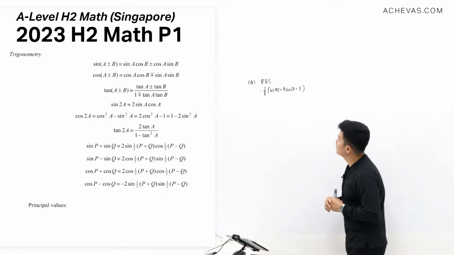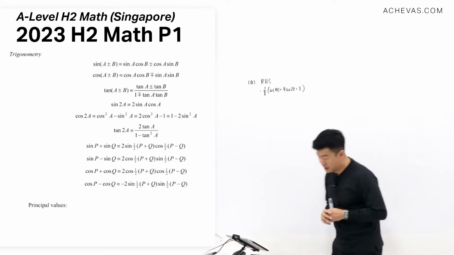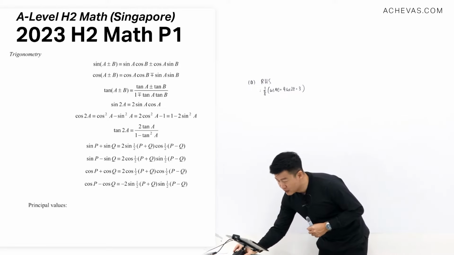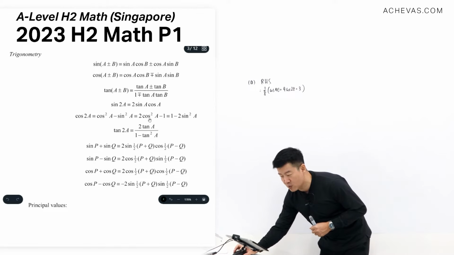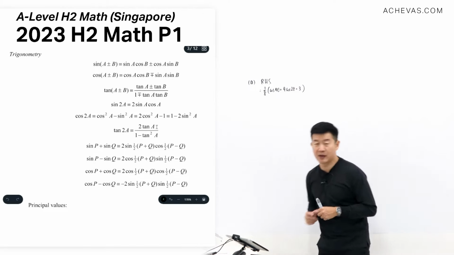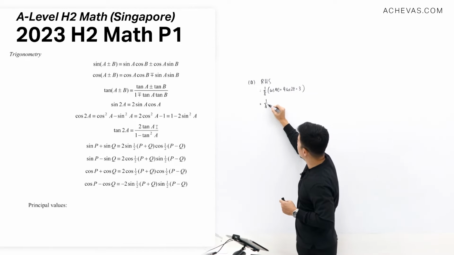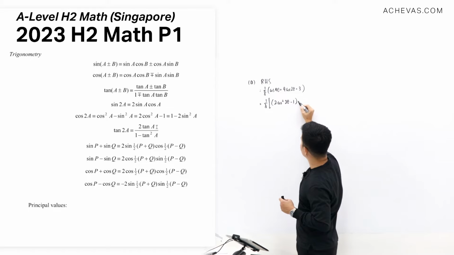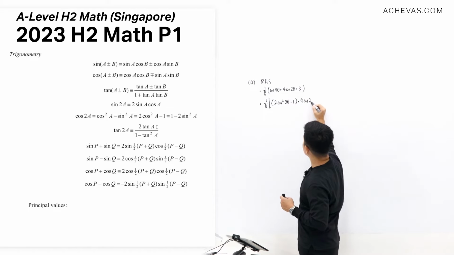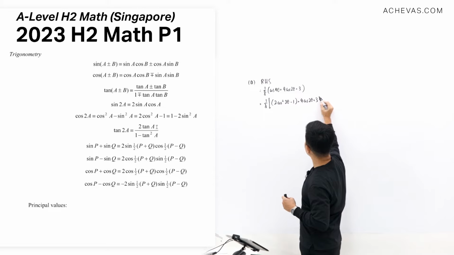And to use the double angle formula, I think we are going to try to use cosine 2A is equal to 2 cosine square A minus 1. Because by doing that, we can actually re-express this here into 2 cosine square 2 theta minus 1 plus 4 cosine 2 theta plus 3.